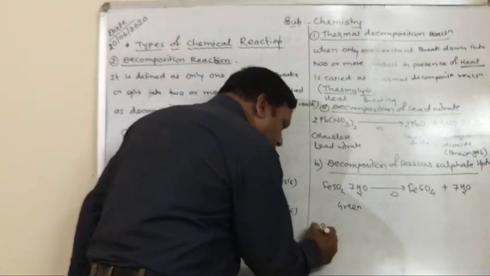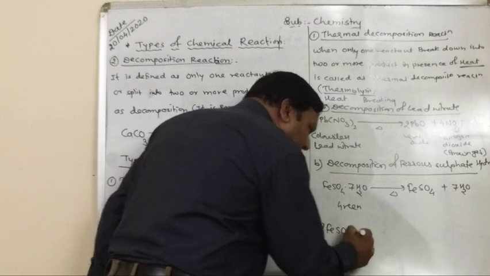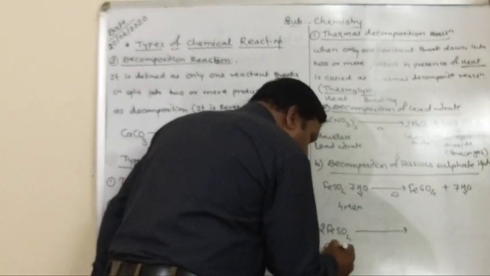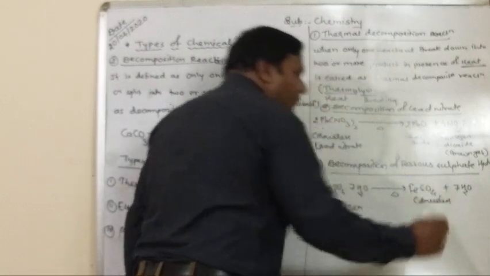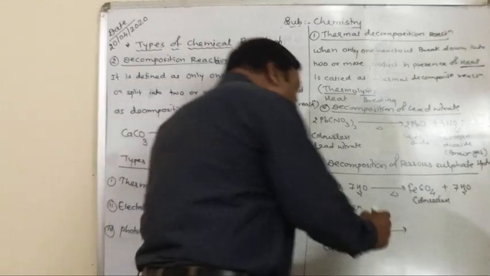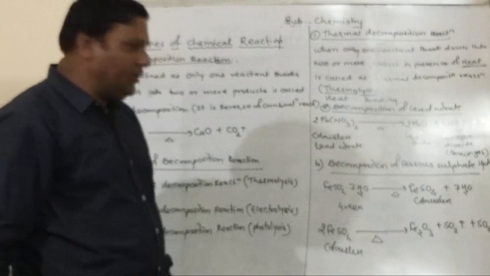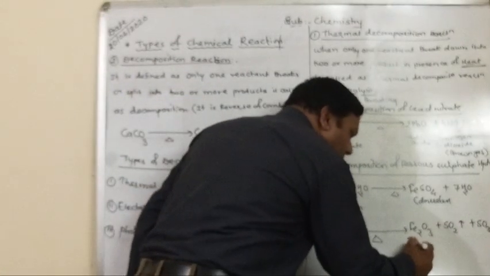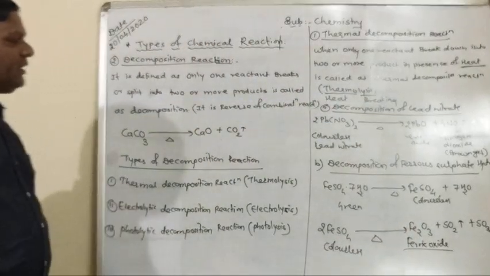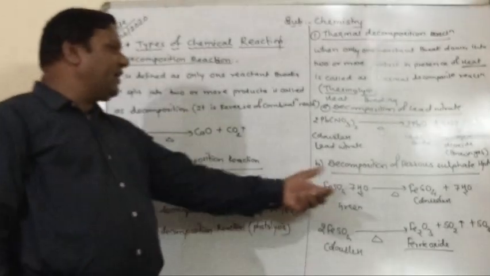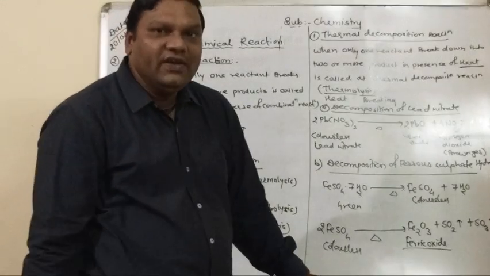After that, this FeSO4 is colorless after heating. When it is heated continuously again, you will get Fe2O3, sulfur dioxide as well as sulfur trioxide. Fe2O3 is ferric oxide, with sulfur dioxide and sulfur trioxide.